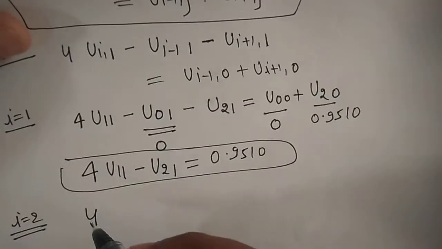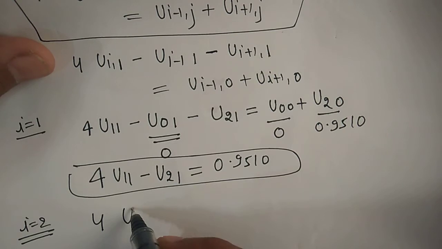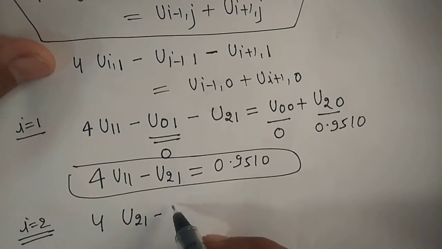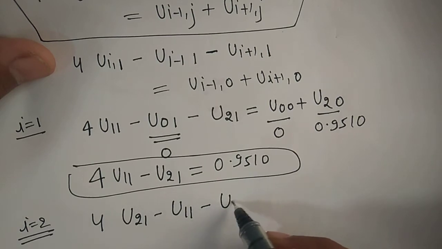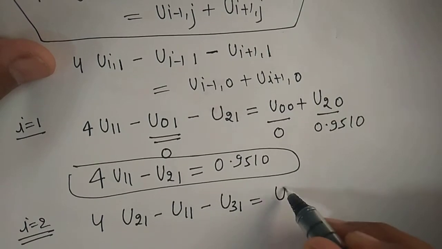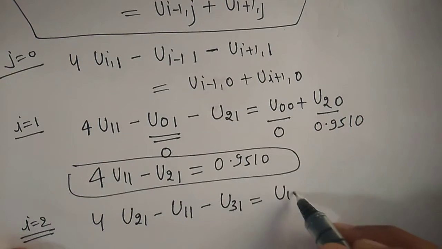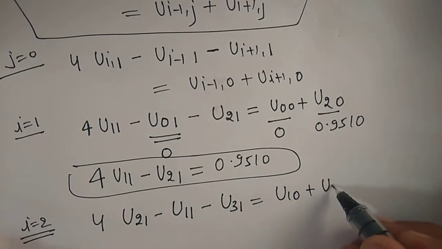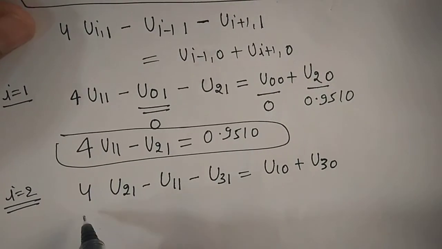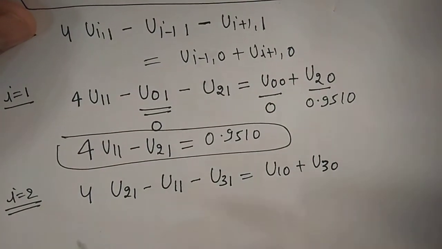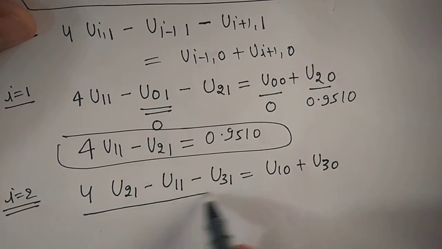Now i equal to 2, so we have 4 u21 minus u11 minus u31 equal to u10 plus u30. So now these 4 are unknowns.